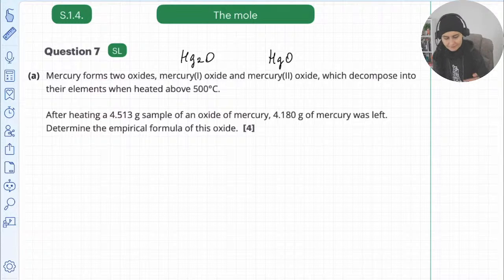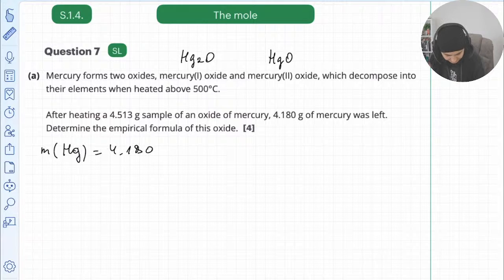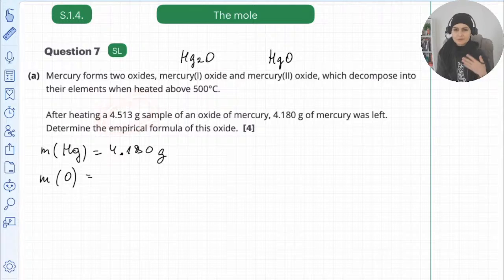It means that the total mass of the products equals the total mass of the reactants. So from here we know that the mass of mercury is 4.180, and then the mass of oxygen would be the total mass of the sample minus mercury, because oxide is just mercury and oxygen.